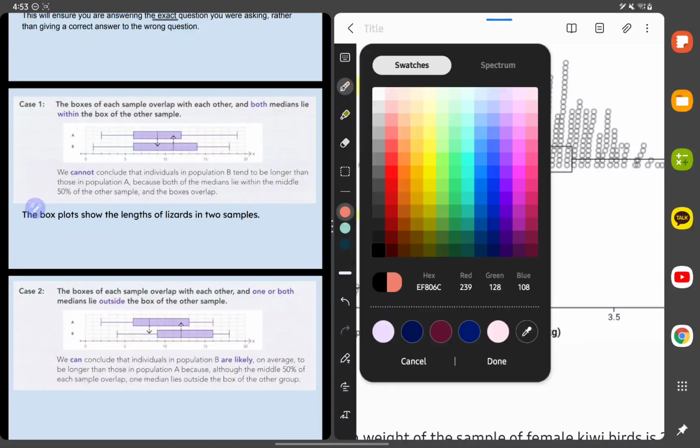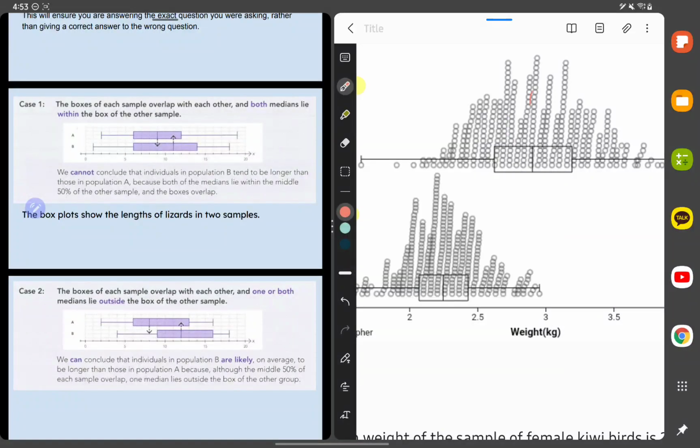So the question is, does the median for one of the groups fall within the box of the other group or outside the box of the other group? Now in this case, we can clearly see that it falls outside of the box, right?